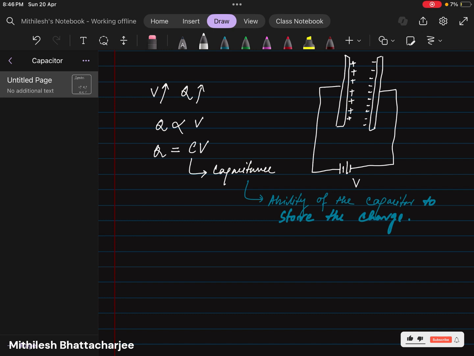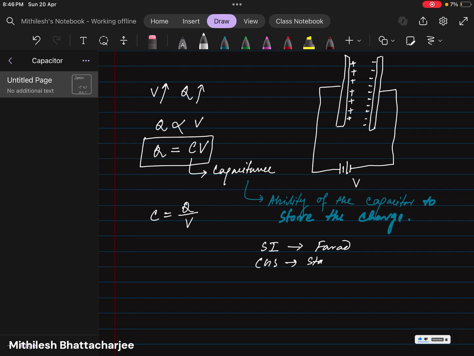Fine. Now see, Q is equal to C into V and C is equal to Q by V. C is the capacitance. Now can you see what the unit of capacitance will be? The SI unit will be farad and the CGS unit will be statfarad.